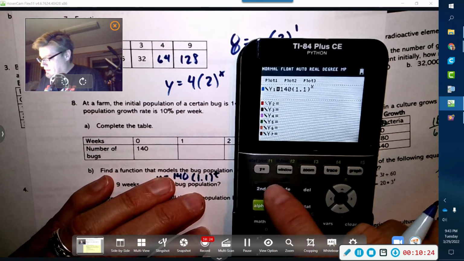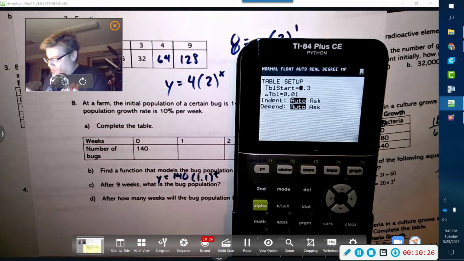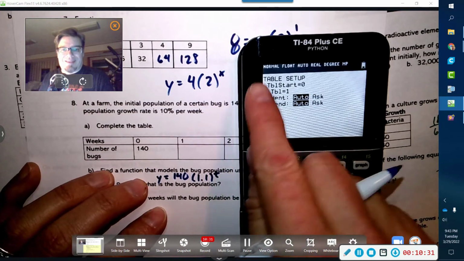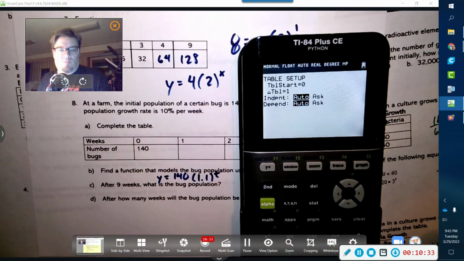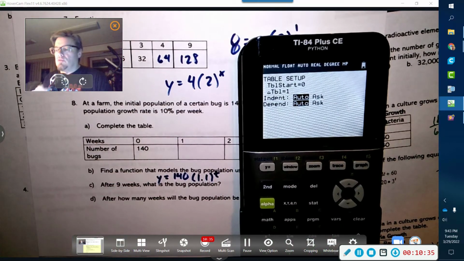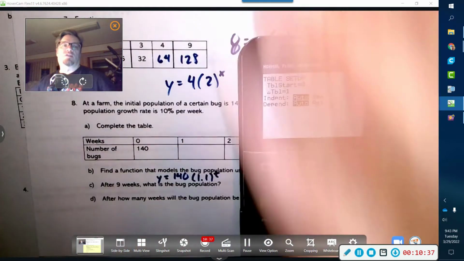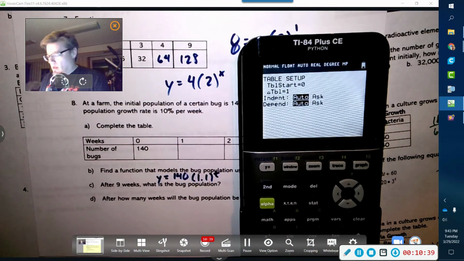All right, so let's go back to my table set, start over at 0, and go up by 1. Okay, so this table setup is extremely helpful to use because it allows you to go to where the function wants you to go, or where the question wants you to go.